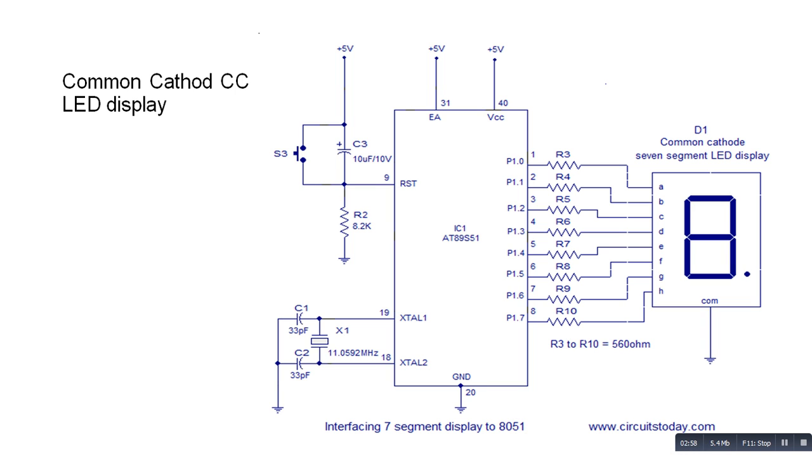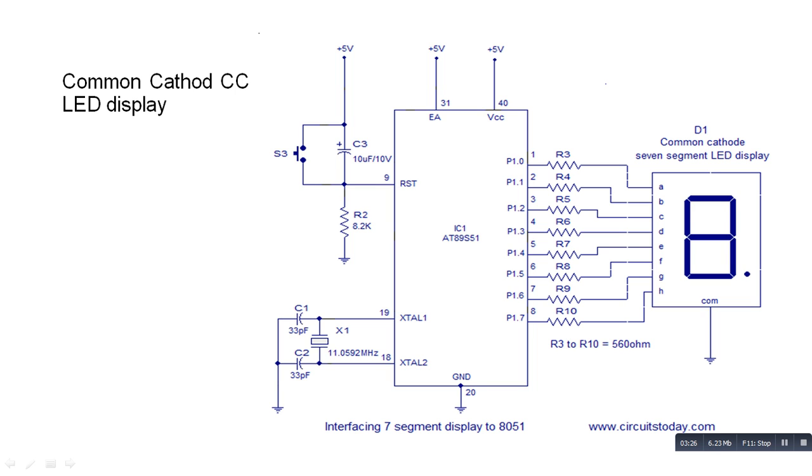So this next diagram shows how the 8051 microcontroller and the 7-segment LED display are connected. The 8051 microcontroller port 1 containing 8 pins is connected to the LED 7-segment display through the resistor.